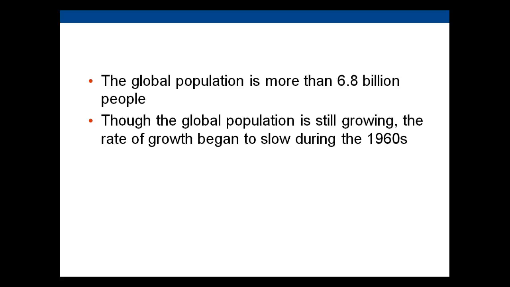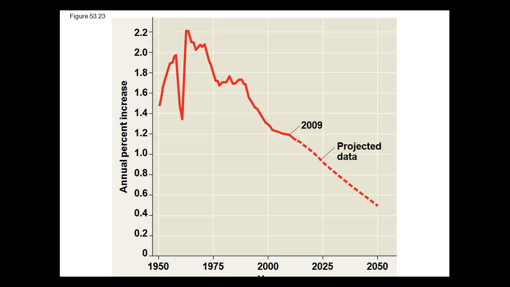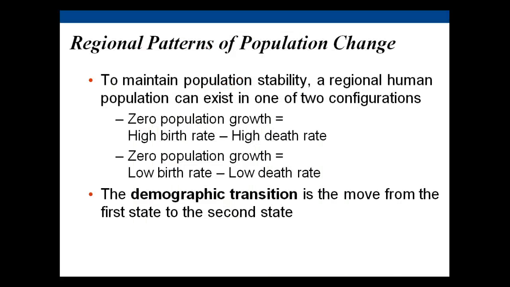And again, the question is, so we've got better health, better sanitation, better health care. But people are having fewer children per family, I think, than way back when, like back in my dad's family. So this is looking at the annual percentage increase coming down because people are having fewer children.